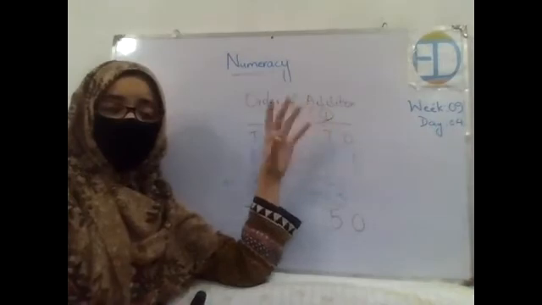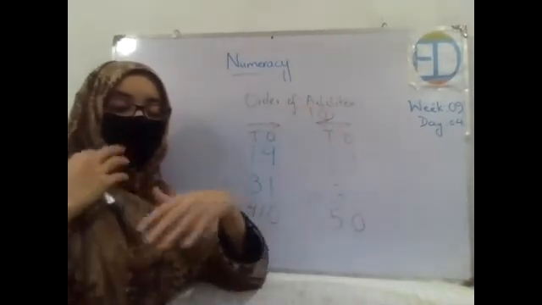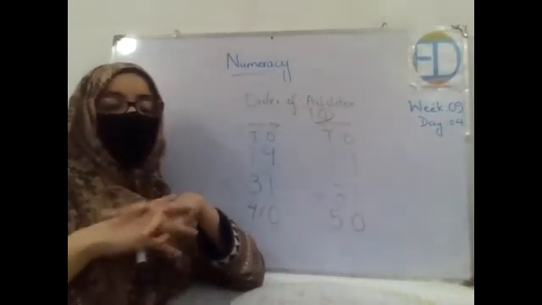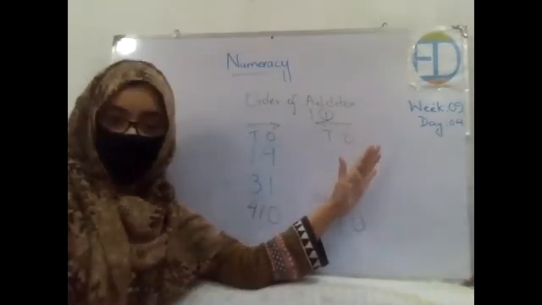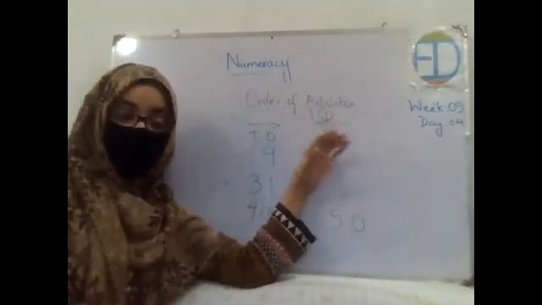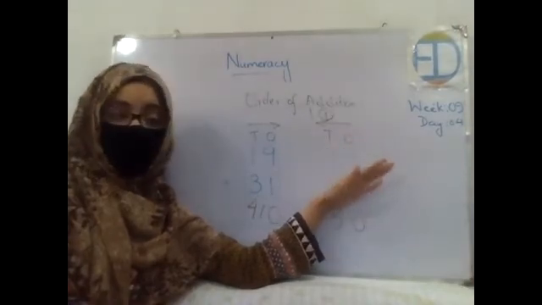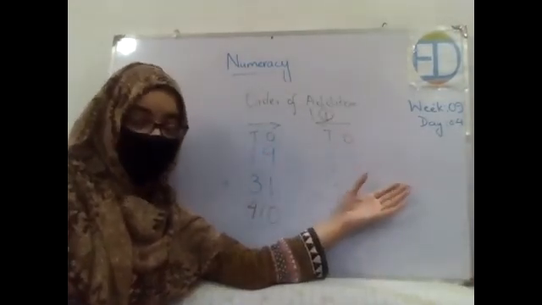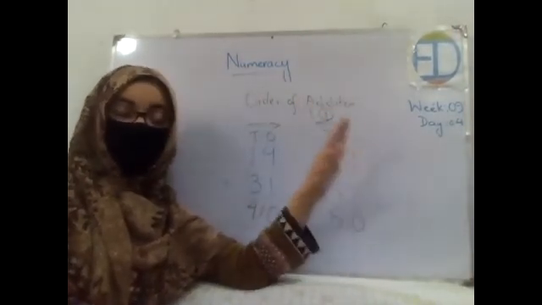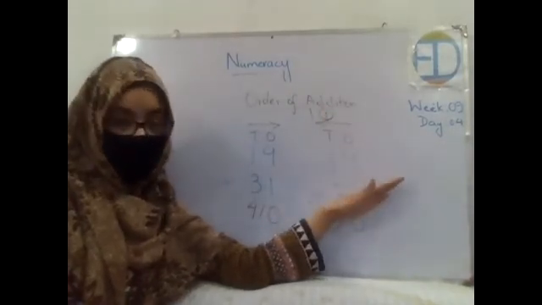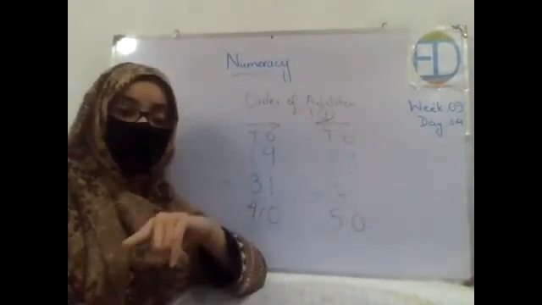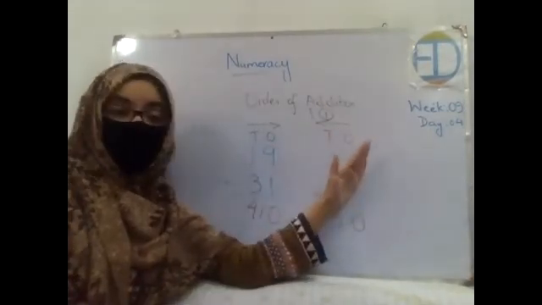We already discussed it in yesterday's class as well, but I want you to repeat this again because it was a very important thing, and a lot of students make mistakes in this. So that is why I have explained this in detail again in today's class, that whatever the question is, whether it is with or without carrying over, the order that you are supposed to follow is that you will always start from the right hand side.